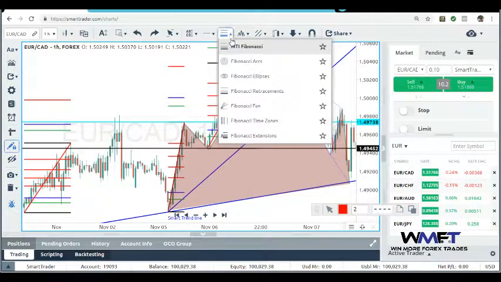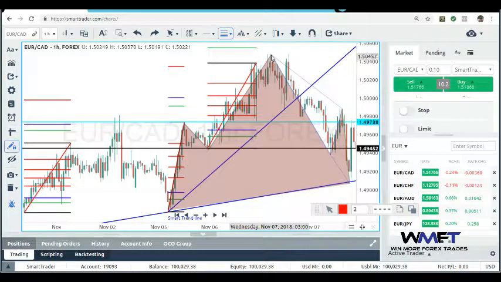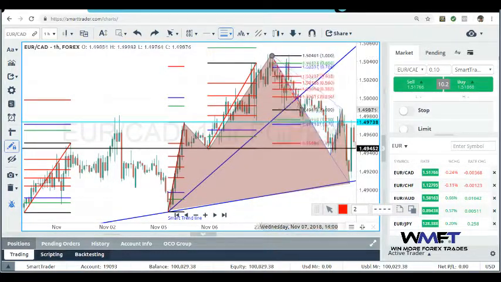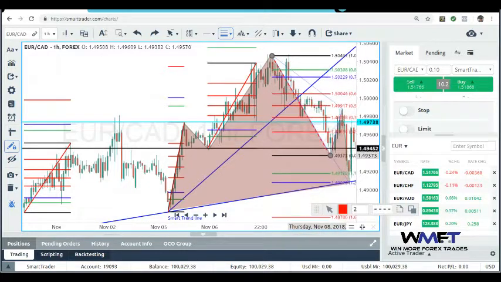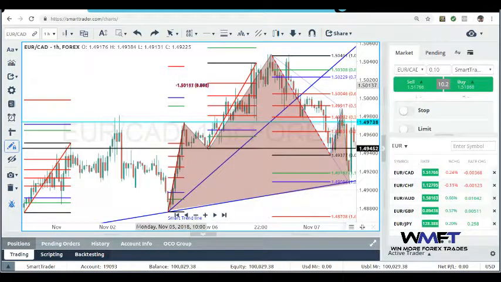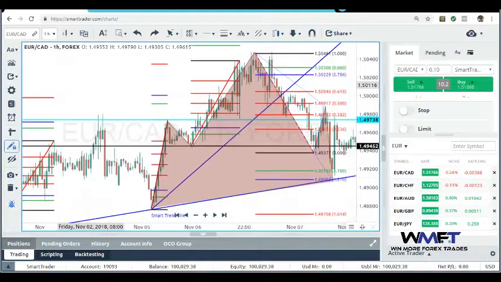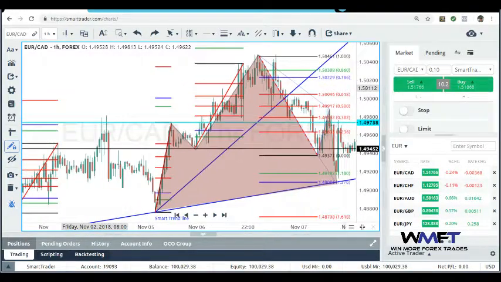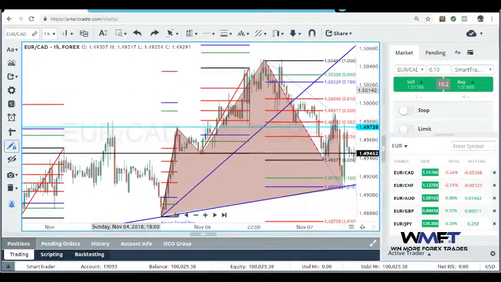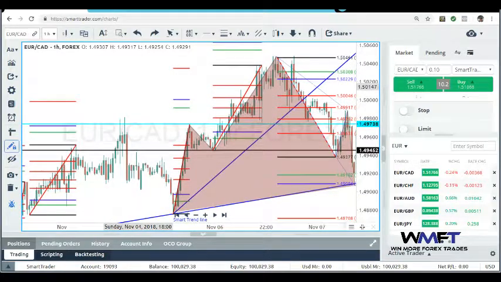And what you do on the crown formation, once you have it, is bring in a Fibonacci. Basically how Fibonacci works is all those red and blue green lines are points of support and resistance, hidden levels of support and resistance.